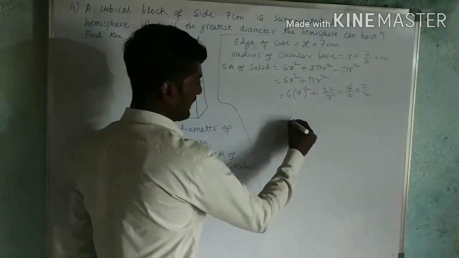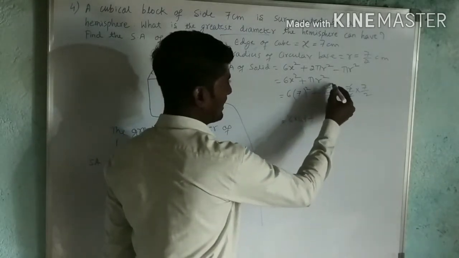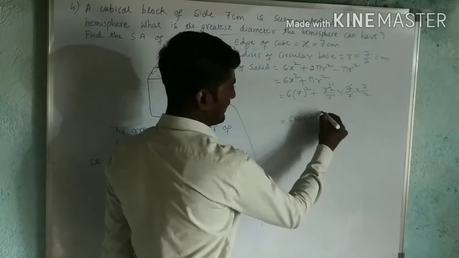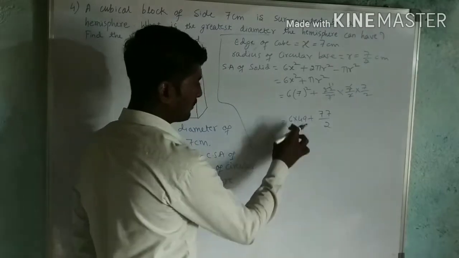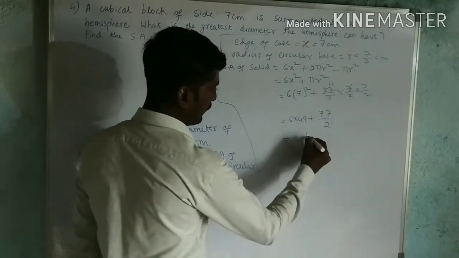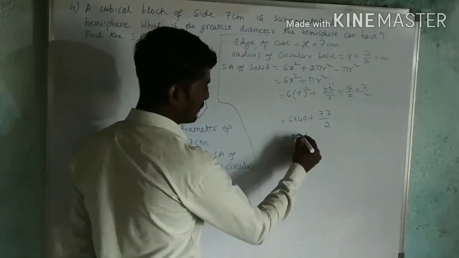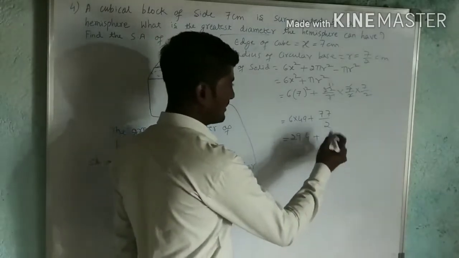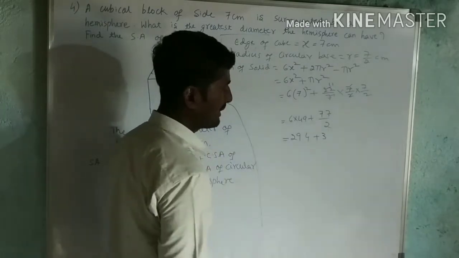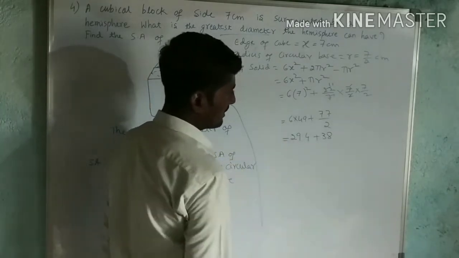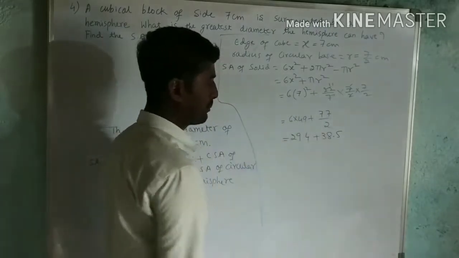Now 7 square is 49, 6 into 49, plus 2 elevens are 22, 11 sevens are 77, divided by 2. 9 6s are 54, carry 5, 6 4s are 24 plus 5 is 29, so 294, plus 77 by 2, which is 38.5.